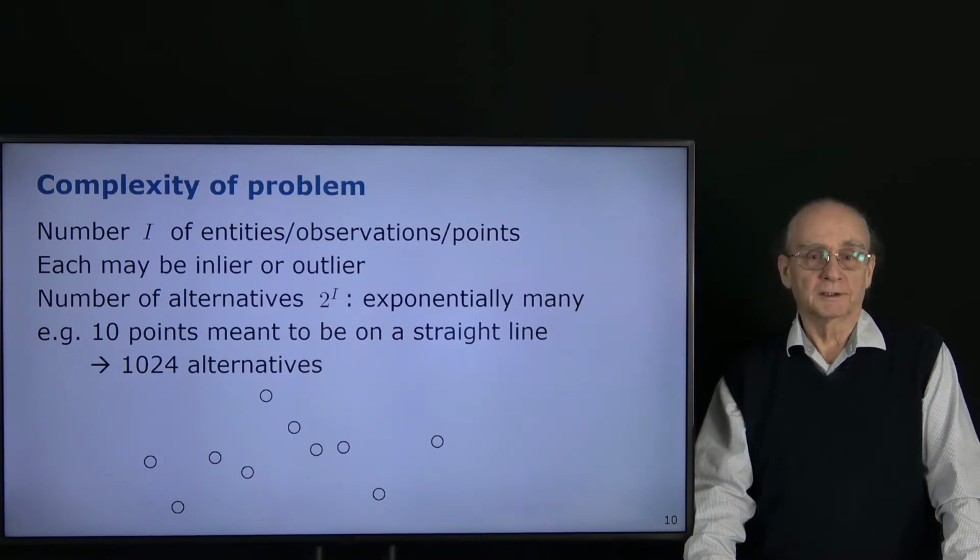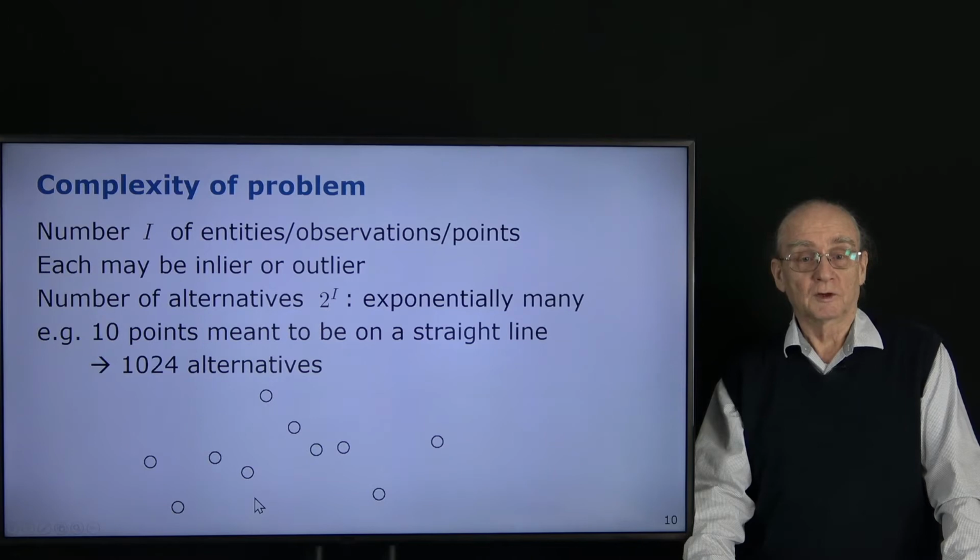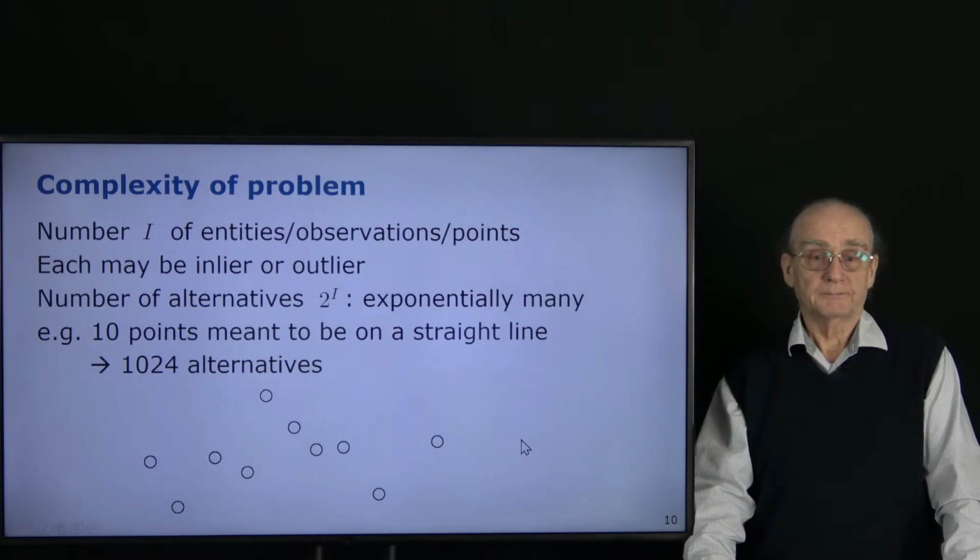So for I entities, we have 2 power I options. So that means we have exponentially many of these alternatives. So let's assume you have 10 points and you want to find a straight line, then you have 2 to the power 10 alternatives that these points are correct or incorrect.